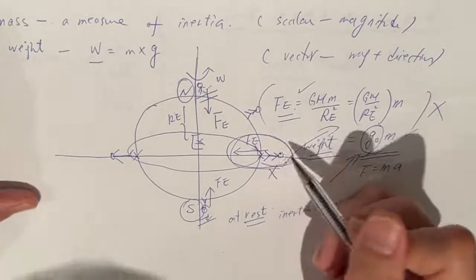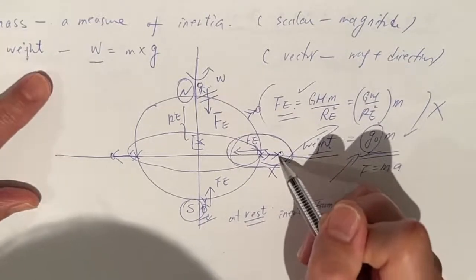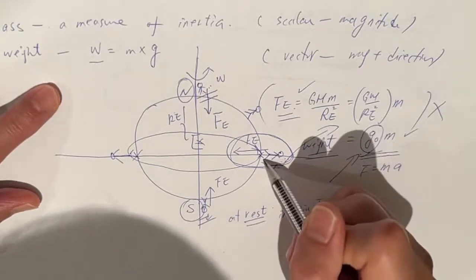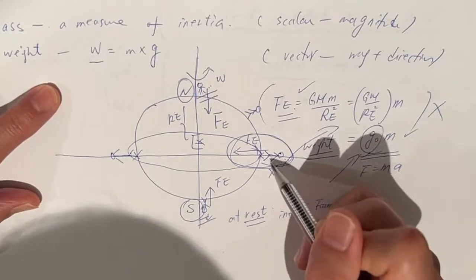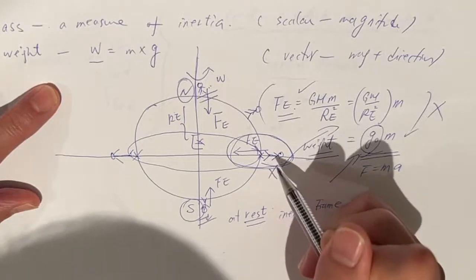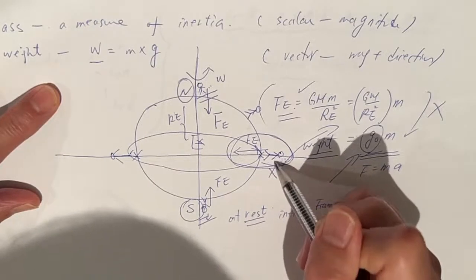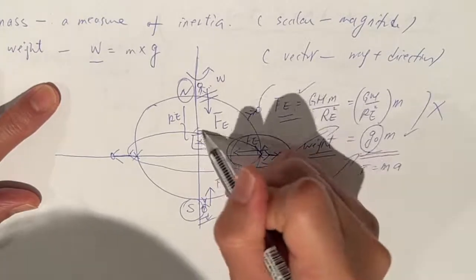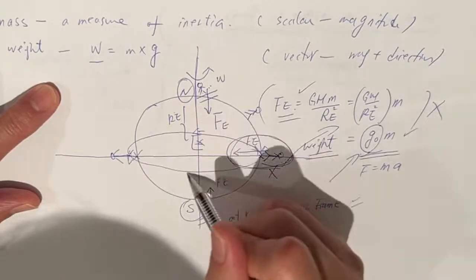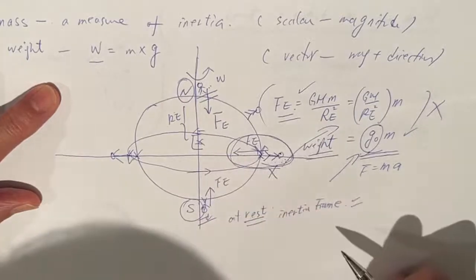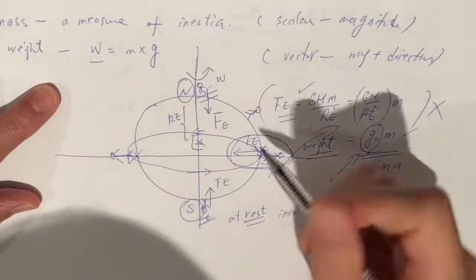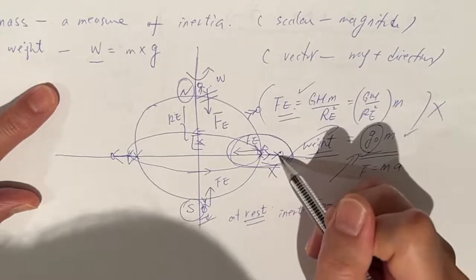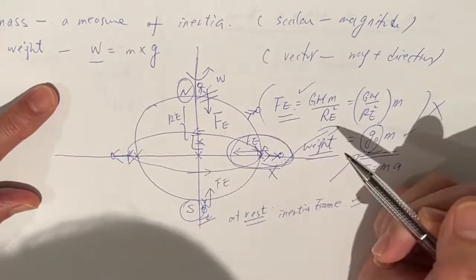So, for the person at the equator, it is not at rest. Also, it is not in a uniform velocity. Why? Because his velocity will change according to the position of the person. Now, we say that this person will have an acceleration towards the center, right?